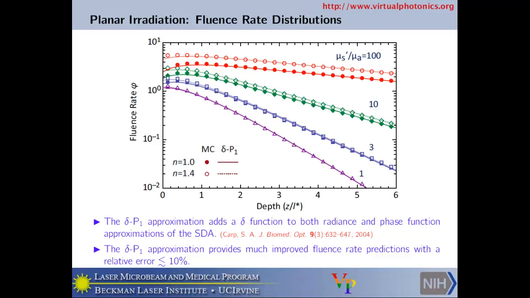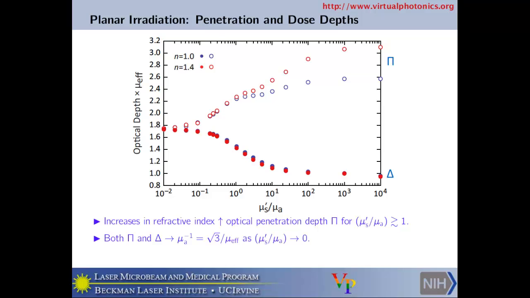And again, the mathematical complexity is no higher than SDA. And in fact, in this case, the fluence rate predictions are within a relative error of 10% across the entire range of optical properties. Okay, so now I want to show these penetration depths, or these dose depths.